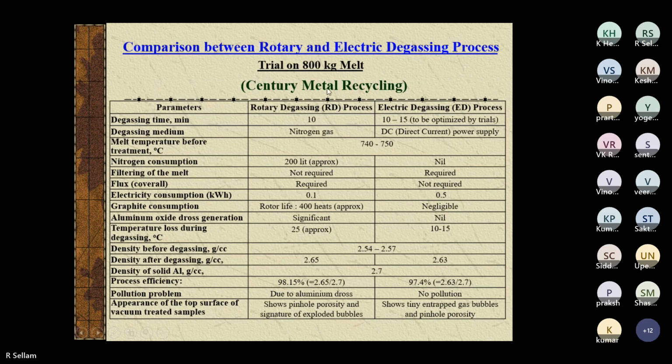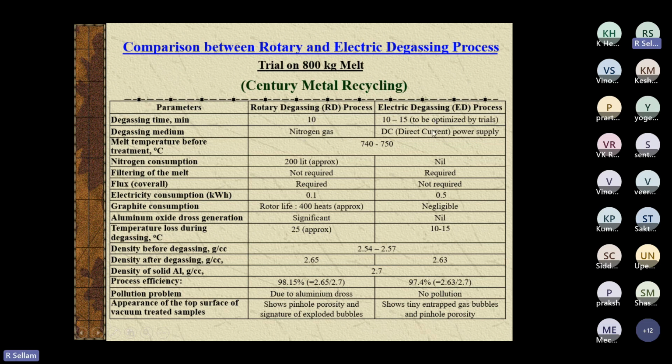Now, Century Metal Recycling, Delhi, allowed me to do some trials on an 800 kg melt. Their data is like this: degassing time is more or less 10 minutes due to the rotary degassing process, and in our case it is 10 to 15 minutes, but it needs to be optimized by two trials.